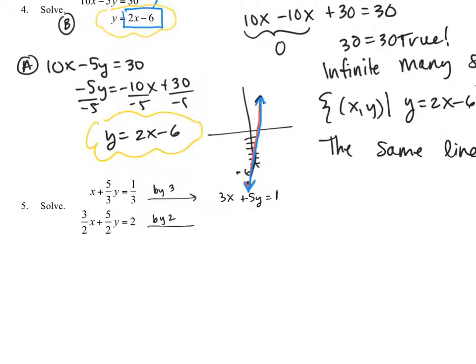And then multiplying this by 2, I would get, let's see, 3x plus 5y equals 4. Actually, let's multiply this by a negative 2, and then we can use our addition method. Everything would cancel on this left side, and I would get something that's trying to tell me 0 is equal to negative 3, which is false. So that has no solution.